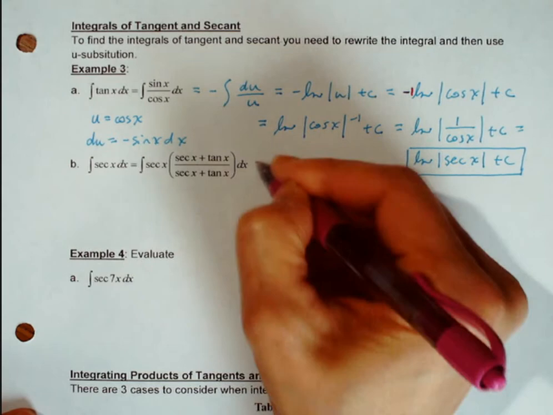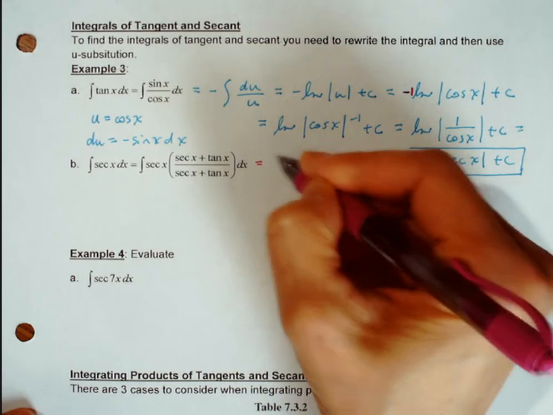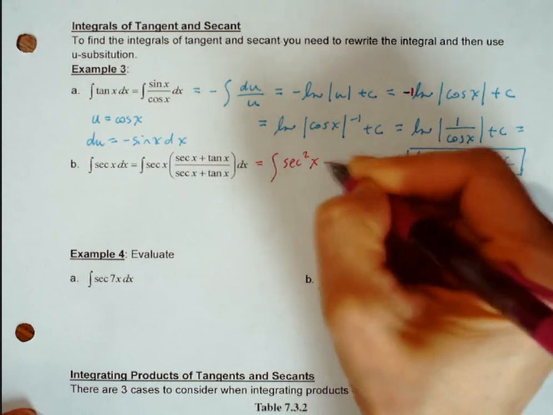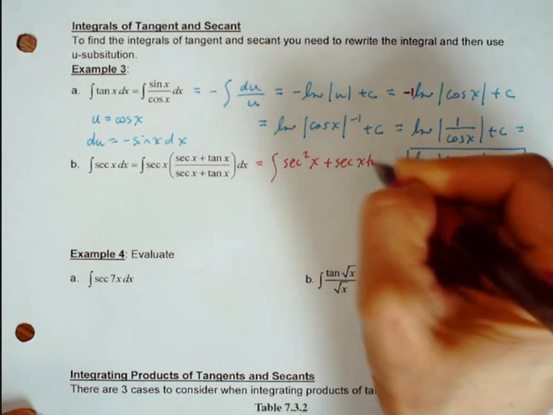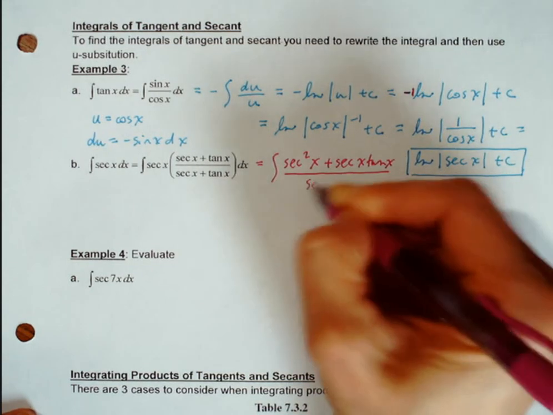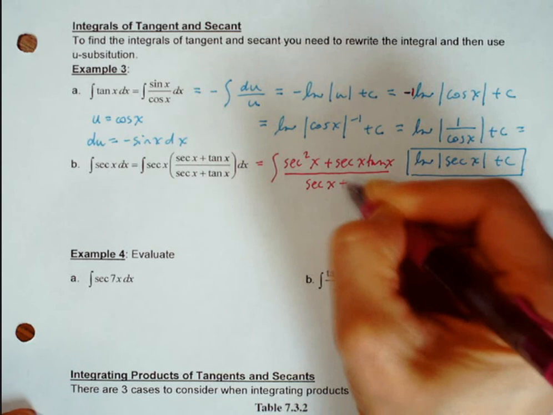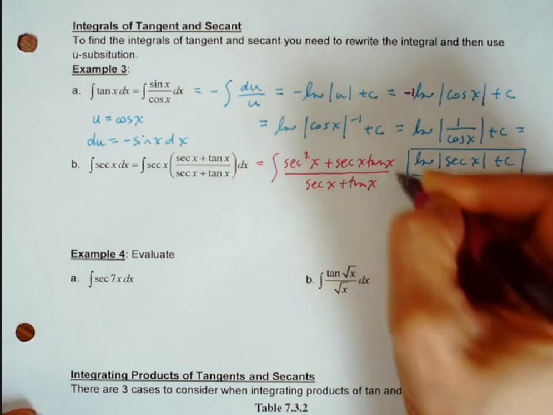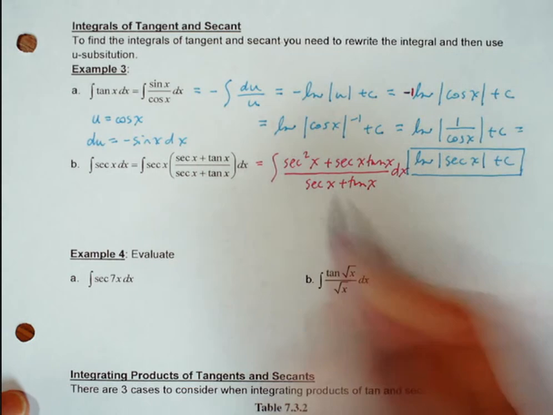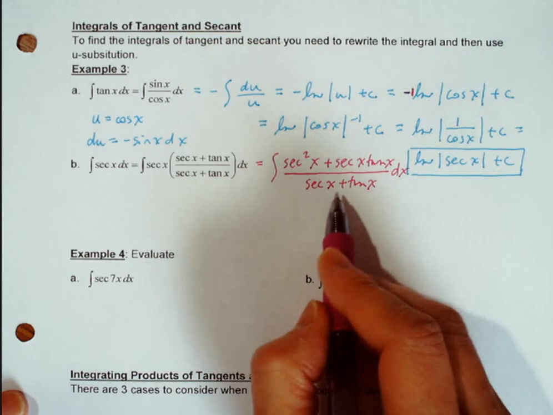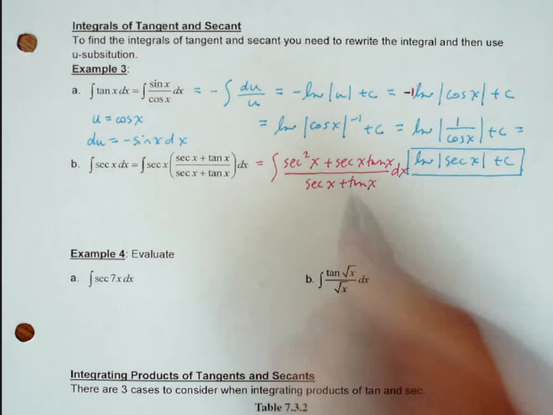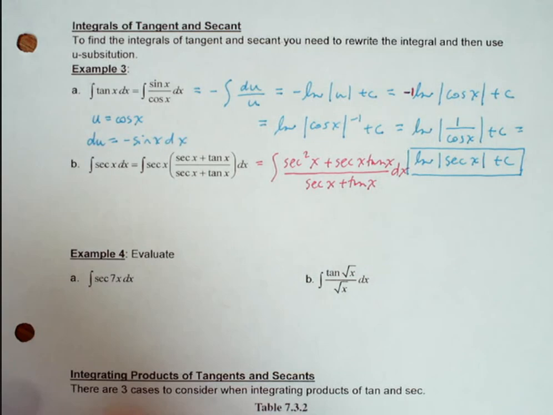Okay, so then I'm going to multiply that out up in the numerator, so you end up with integral secant squared x plus secant of x tangent of x, and then the denominator I have just secant of x plus tangent of x. Okay, so now I'm going to use a u sub, and the u sub is secant of x plus tangent of x. So that seems kind of like an odd u sub, but it actually works in this problem.